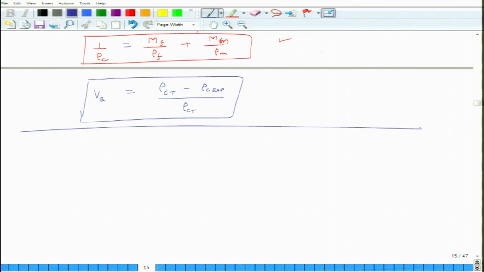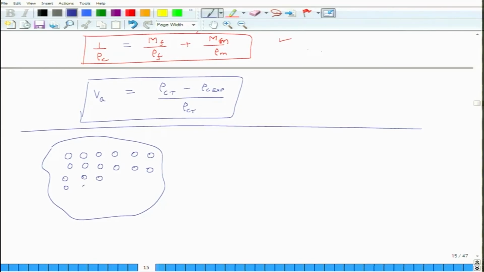So, if I have a piece of composite, the fibers could be oriented in all sorts of formations. Okay. So, this is like a rectangular formation, because every 4 fibers are oriented in some sort of a square pattern.